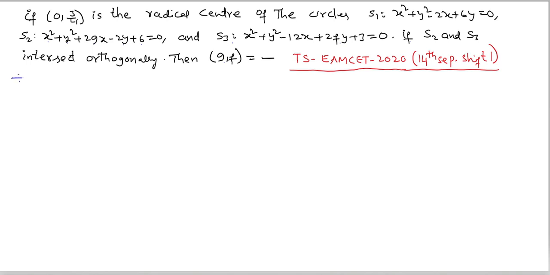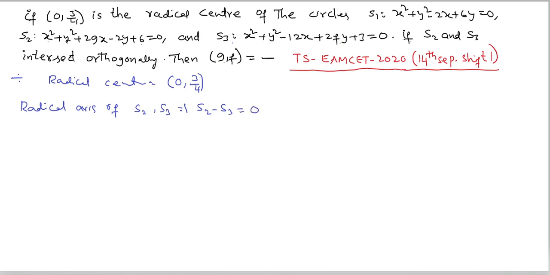So here the radical center is given, that is 0 comma 3 by 4. This radical center lies on the radical axis of the given three circles. Now we find the radical axis of S2 and S3, that is S2 minus S3 is equal to 0.